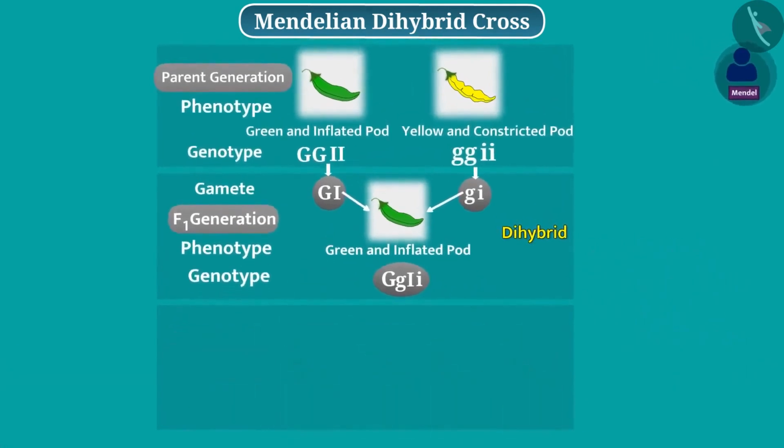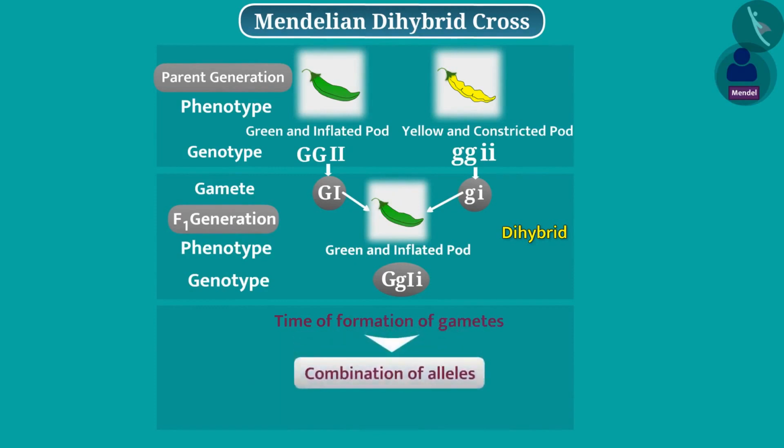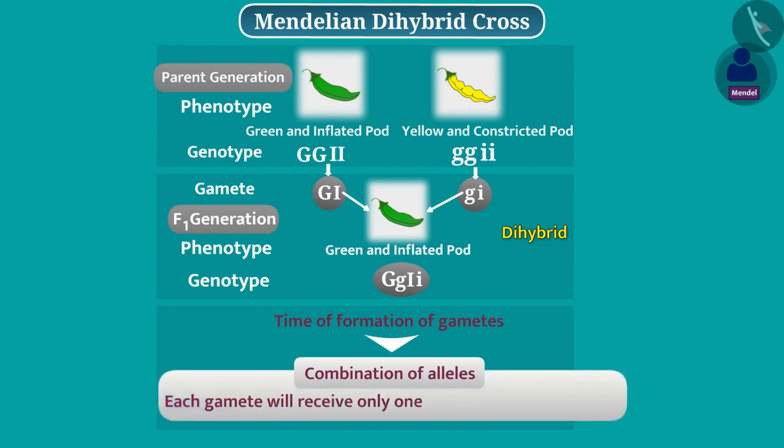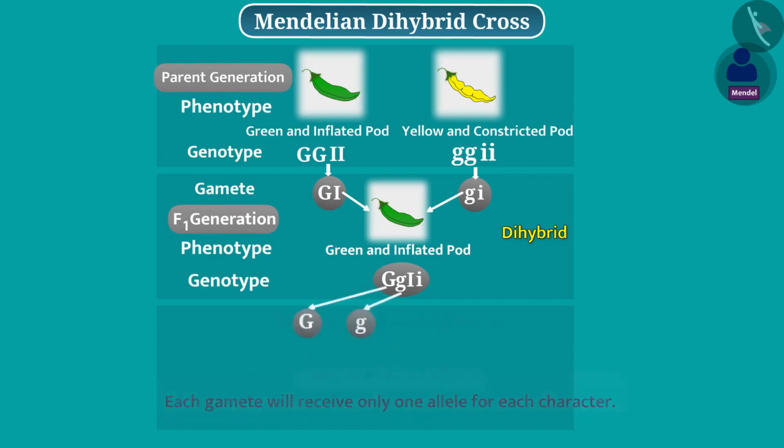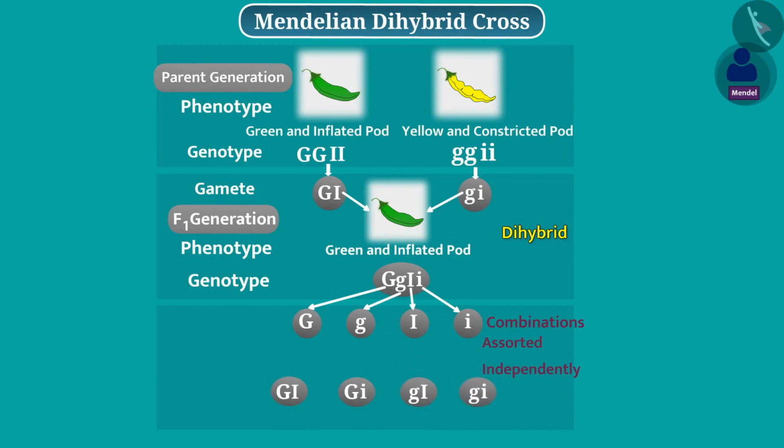Here, the genotype of the dihybrid plant is this. In this plant, at the time of formation of gametes, the combination of alleles will occur such that each gamete will receive only one allele for each character. Since alleles of 2 characters are present, these will be assorted independently and these gametes will be formed.